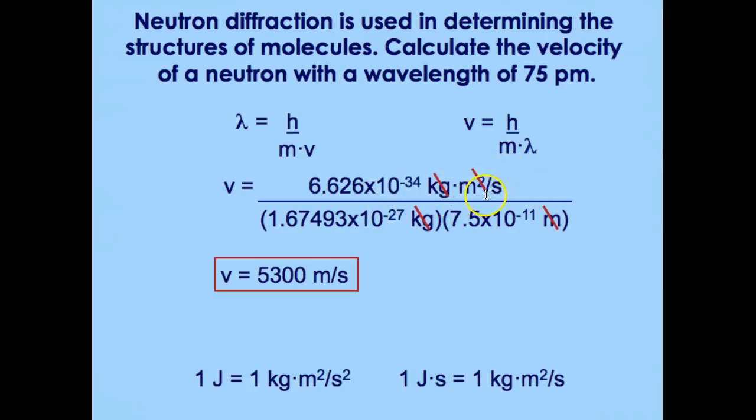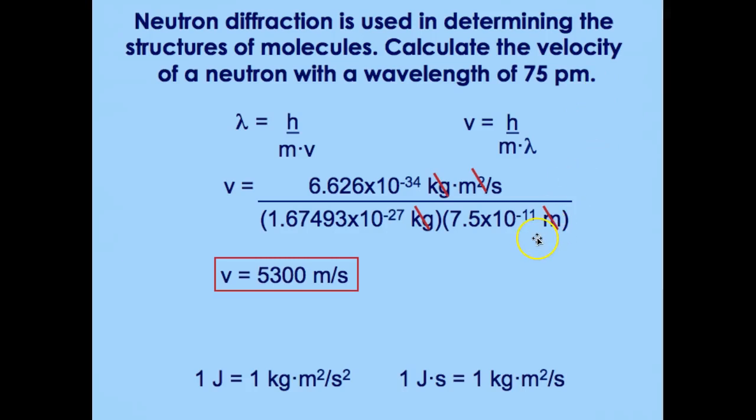Planck's constant is still the 6.626 times 10 to the negative 34th. The mass of a neutron, this is just something I looked up in your book most likely. It's a fairly easily determined constant. 1.67493 times 10 to the negative 27th kilograms is the mass of a single neutron. And then I had to convert picometers to meters. 1 meter has 10 to the 12th picometers.